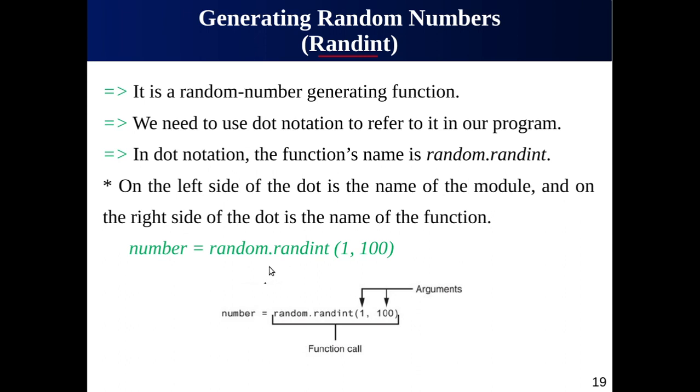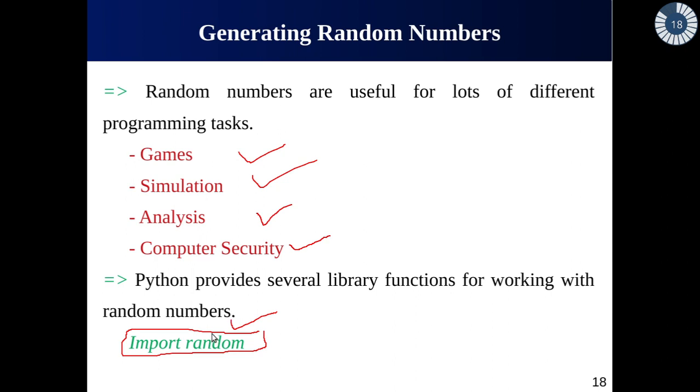Here in the statement, the dot is the proper way of writing this. On the left-hand side of this dot, we have the name of the module. What is the name of the module? Random.